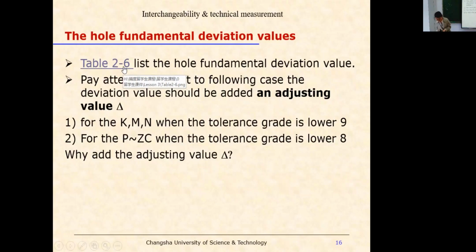The 32 is for the shafts. Okay, to find this one, and find the H8, or H9, or F8. Okay, the hole. This is the hole.